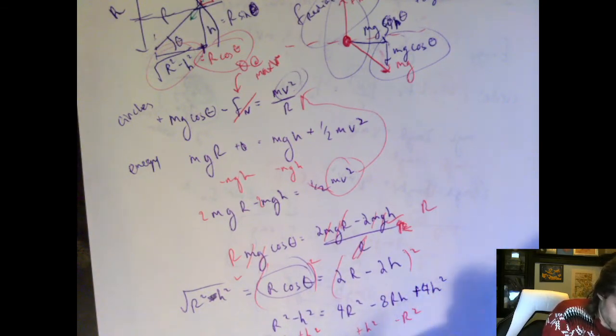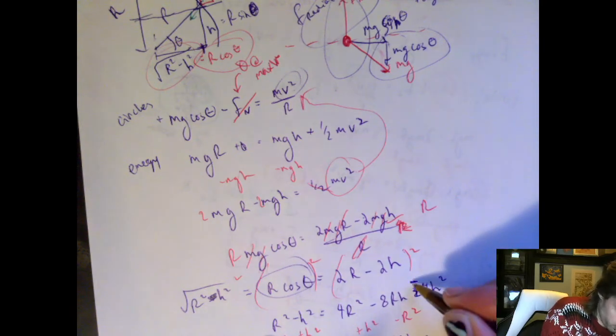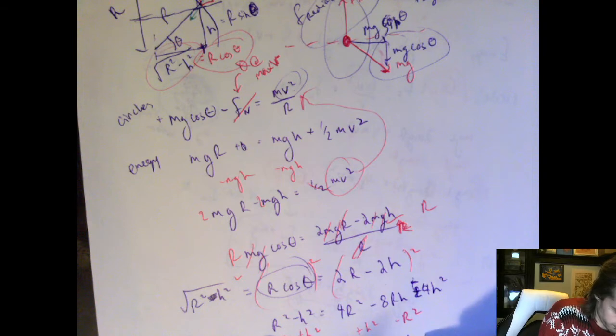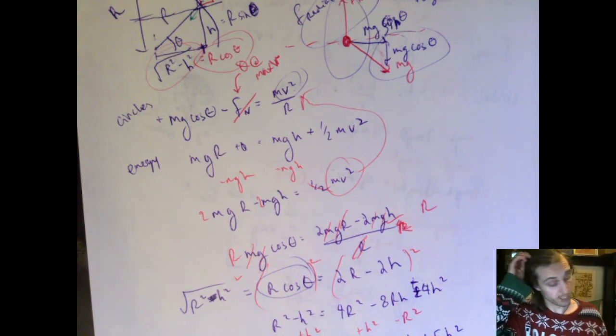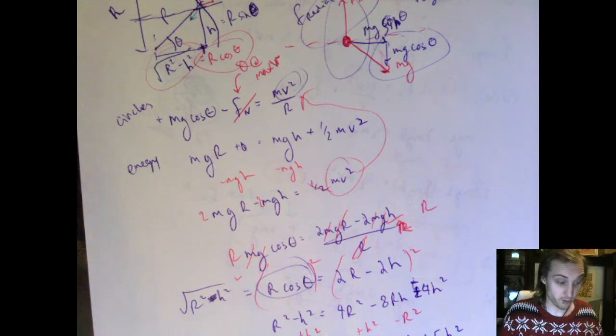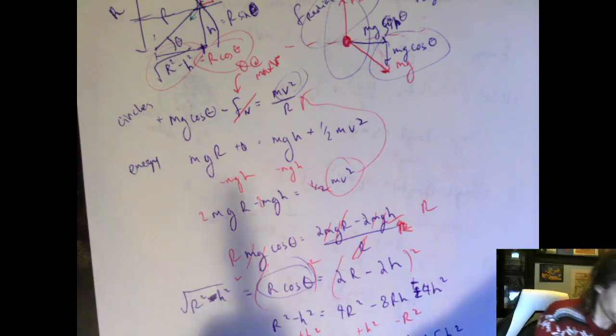We'll get positive 3r squared minus 8rh plus 5h squared. Thankfully, this is factorable, so I don't have to use the quadratic.